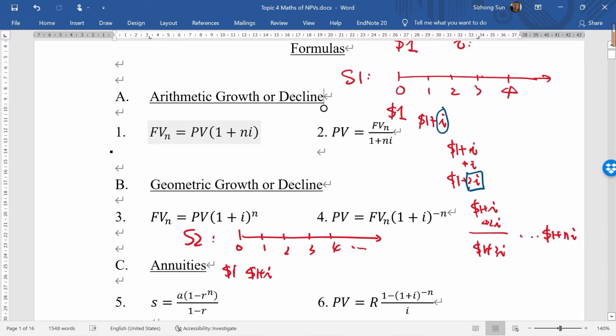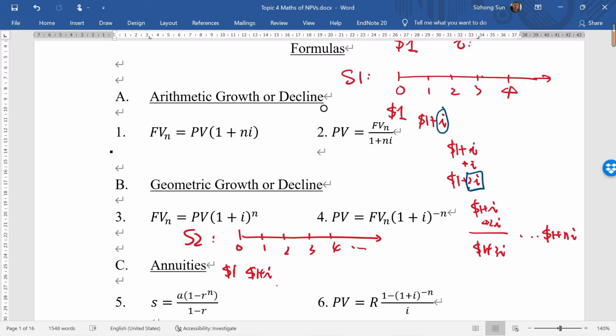Now, rather than setting this i dollars aside, I'm going to leave this i dollars in my bank account. So in year 2, this i dollars that I leave in the bank account will continue to generate interest payments.